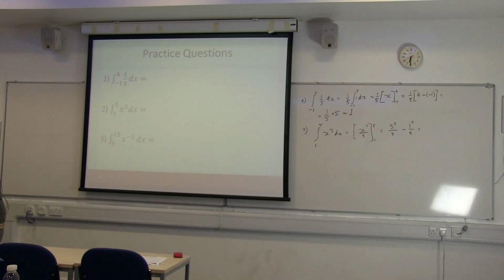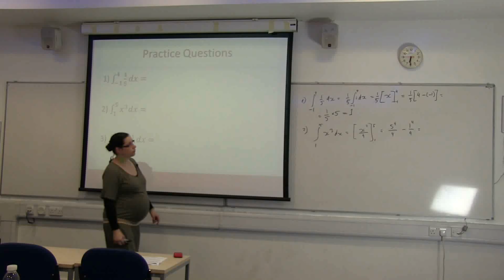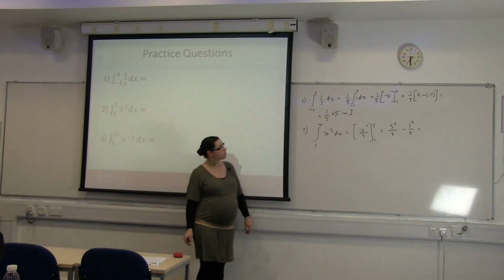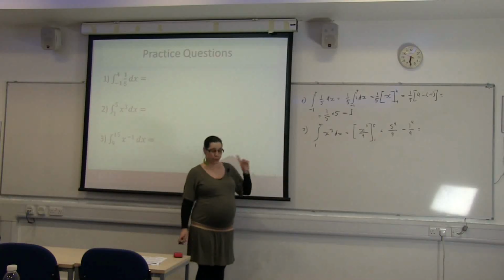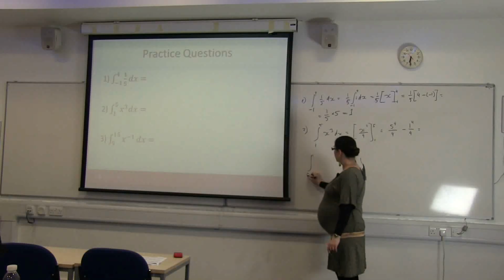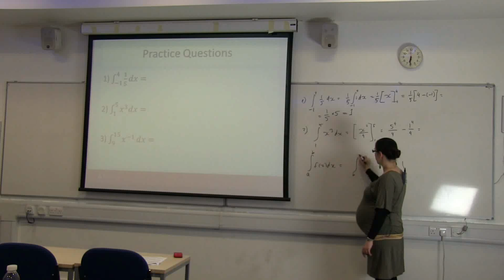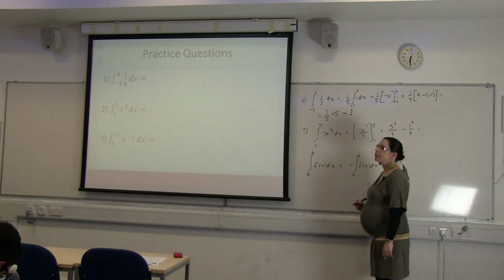With the limits, would it make absolutely no sense if they were inversed? It would, but what happens? If I have got integral ab f(x) dx and I change the limit, then you're minusing one from the other way, right?